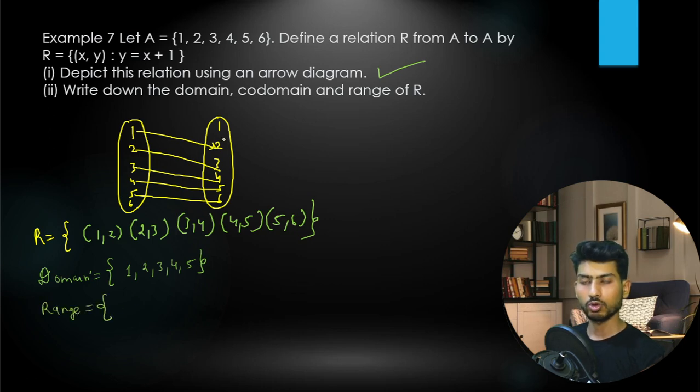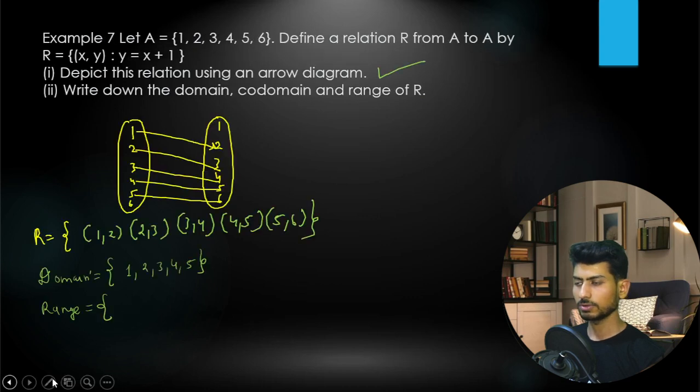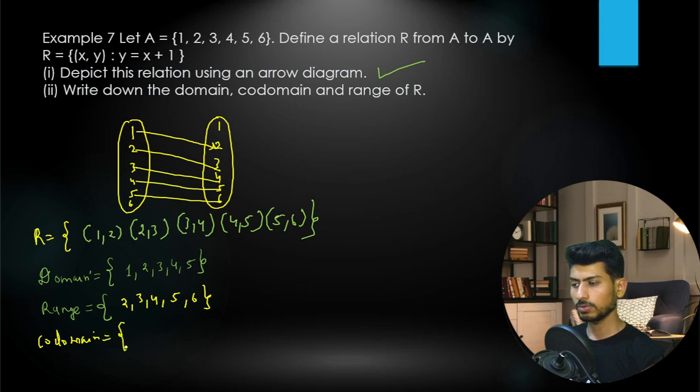Range is basically the output of the domain, so that will be 2 3 4 5 and 6, only these. What is the codomain? Codomain will be the full set, the full left set: 1 2 3 4 5 6.